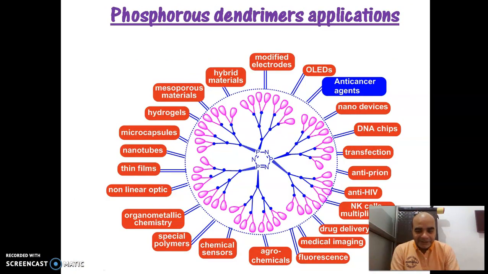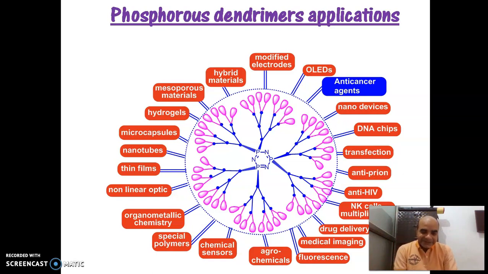Why are dendrimers important, and why are chemists very fascinated to work in the field of dendrimer synthesis? The reason is the highly symmetrical and big structure of dendrimers.